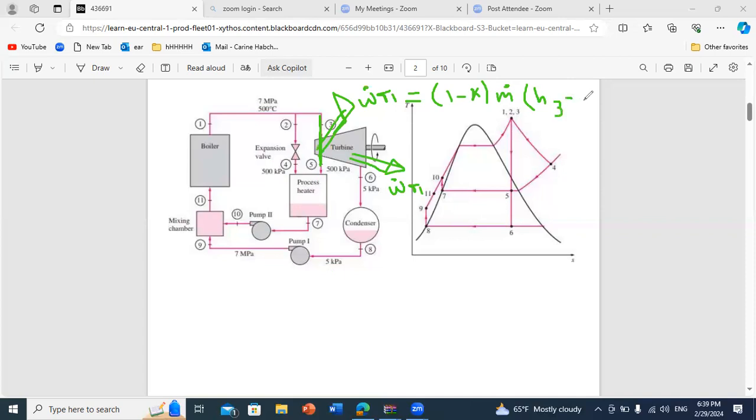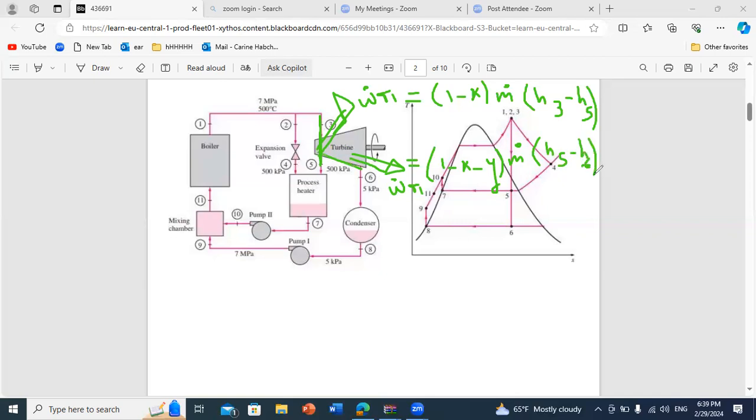So h3 minus h5. Second step, I consider the second stage. In the second stage, what is the mass flow rate circulating? It's (1 minus x minus y) times m dot, and I multiply by h. Now the expansion is from 5 to 6. So h5 minus h6.